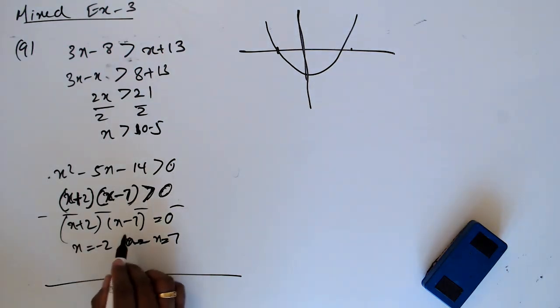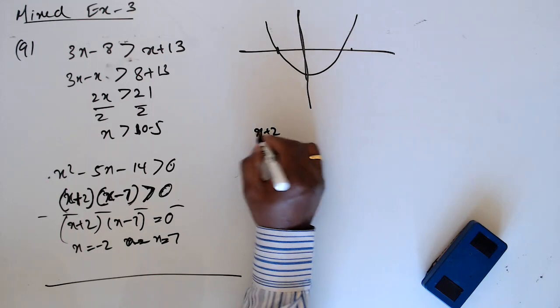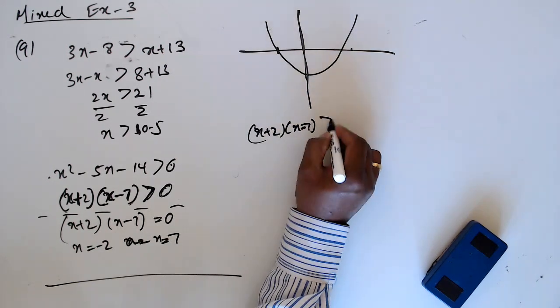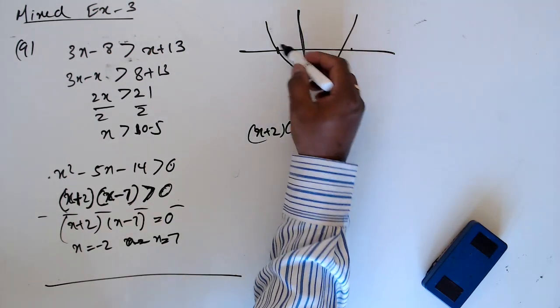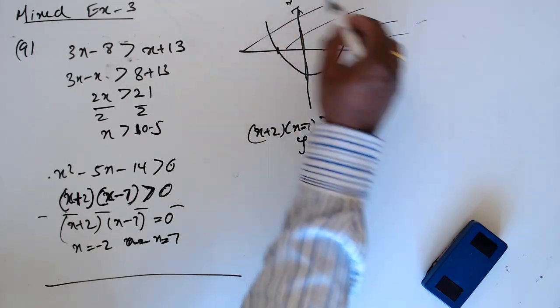Now we are looking for the area where x plus 2, x minus 7 is greater than 0, so y greater than 0. This is the area in the plane.